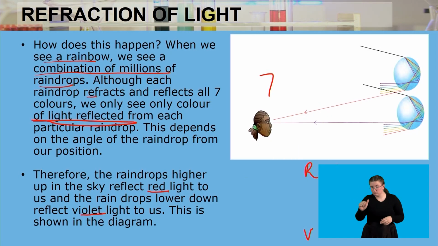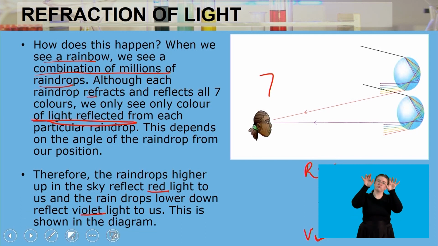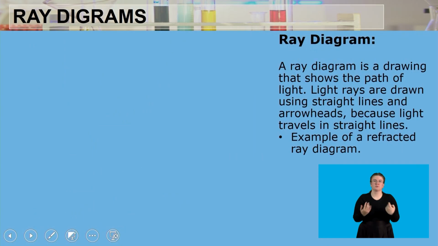So the raindrop at the highest point will reflect the red, and the raindrop at the lowest point is going to be reflecting the violet. And all the other raindrops in between will be reflecting all the other colors. And what you're going to be seeing now is the combination of all these different colors making up the 7 different colors of the spectrum.